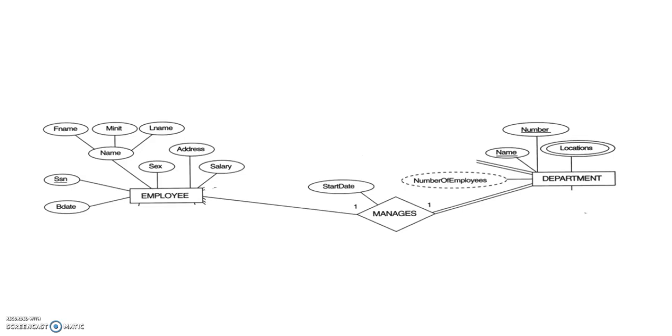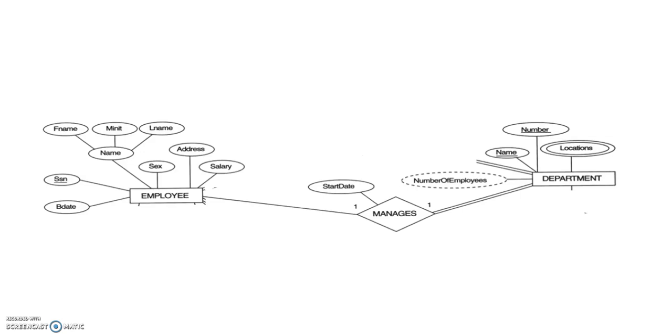Then we can merge the two relations, employee and department, into a single table. So we can merge all the attributes into a single relation. Suppose we can name either as employee or employee department or department itself.